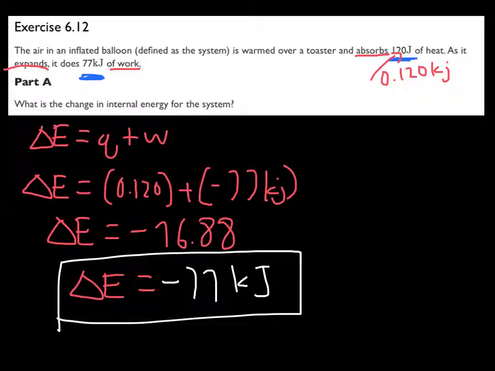We have 120 or 0.12 kilojoules of heat being absorbed, which is a positive value, right here. And we have the system, the balloon, doing 77 kilojoules of work, which would be negative, which is represented right there. So check plus. Smiley face.